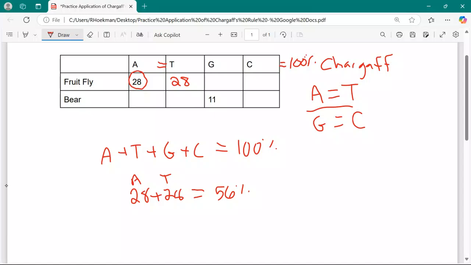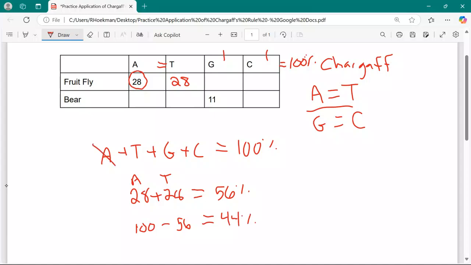Now we need to figure out how much is G and C. So we take our 100% of the DNA, we subtract out the A and T, 56%. You just take 100 minus 56, and you're left over with 44%.